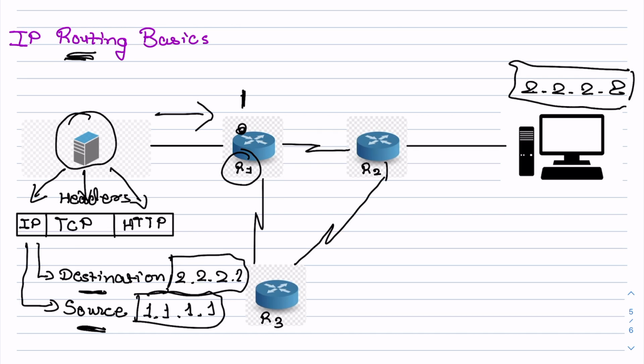For example, if the destination is over here, then the router will send the mail to router number 3. This is how it decides. The router basically decides the direction of the mail according to the IP address.